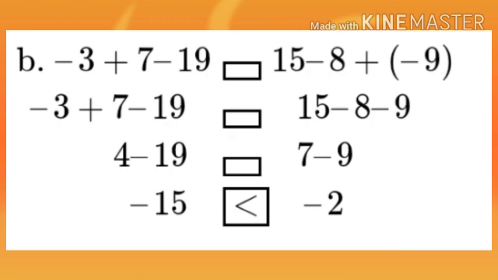The opposite sign of minus is plus. Take the additive inverse of plus 9, which is minus 9. Therefore, the difference of 9 and 7 is 2. Put the greater number's sign. Here the greater number is 9. The sign of the greater number is minus. Therefore, the expression 15 minus 8 plus of minus 9 is minus 2.